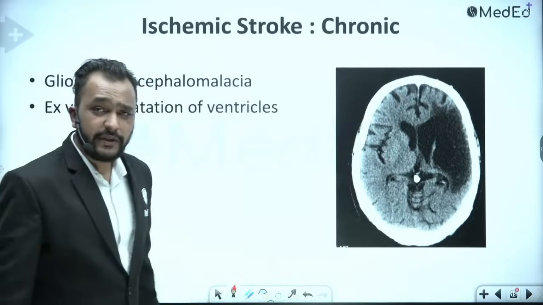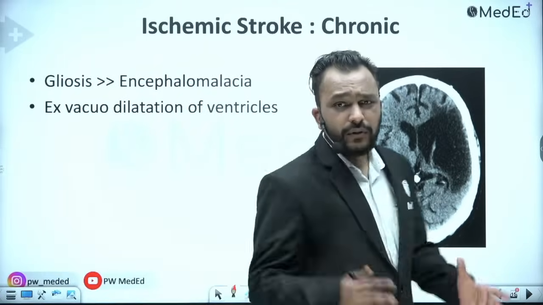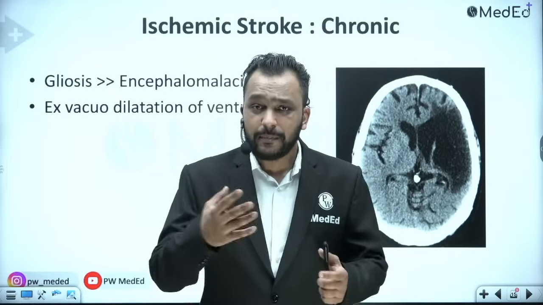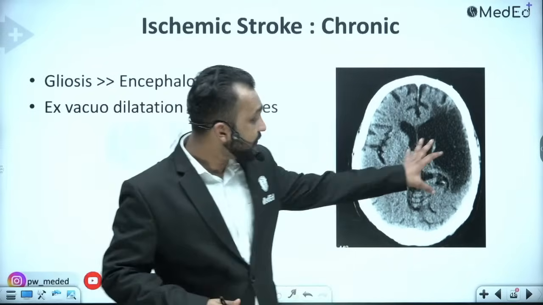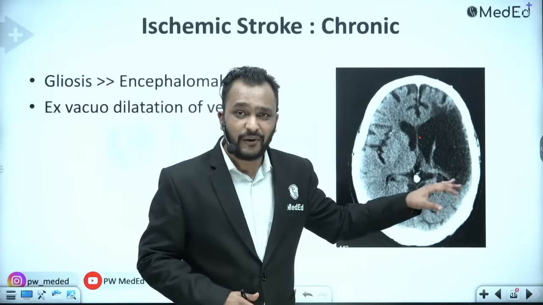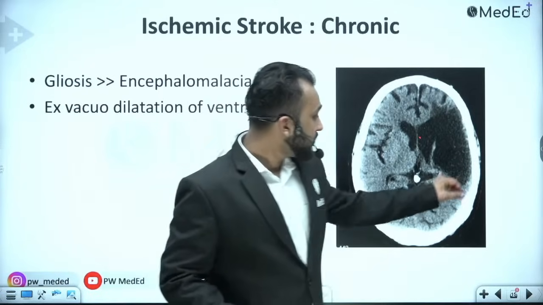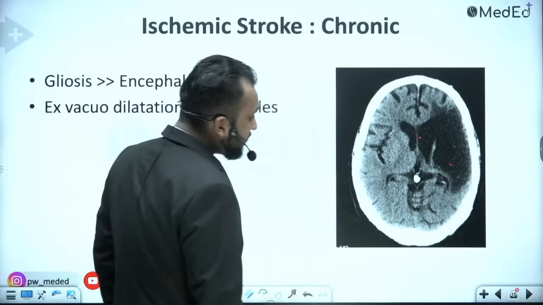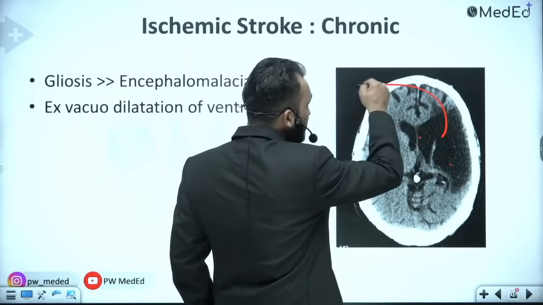Talking about the chronic stroke. Now this brain tissue will be replaced by fluid, and it will start appearing like the CSF on the NCCT images. So in chronic infarct, you will see areas of CSF attenuation.